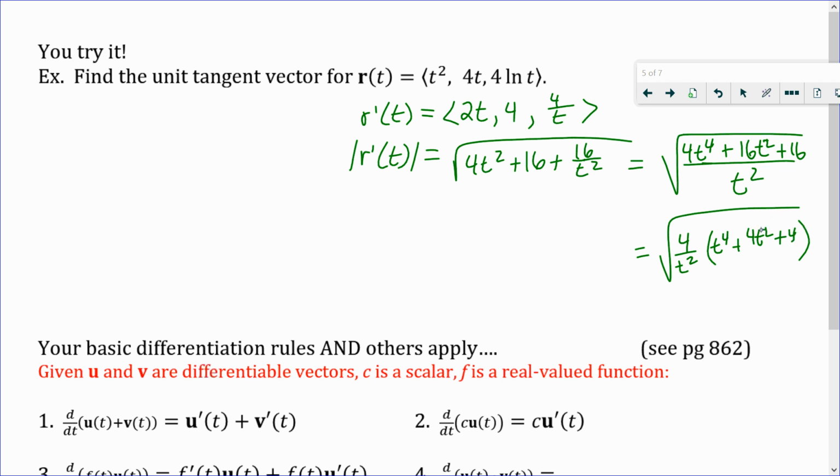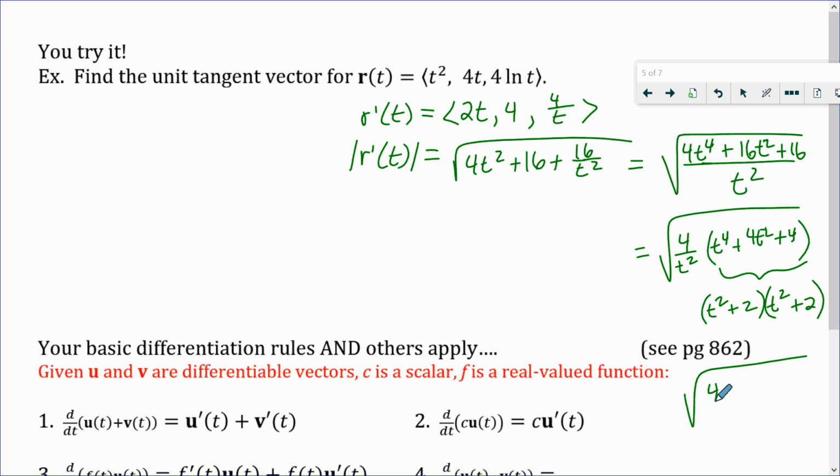Do you recognize that this factors? If you split up t to the fourth evenly, it'll be t squared, t squared, both plus 2, you follow?